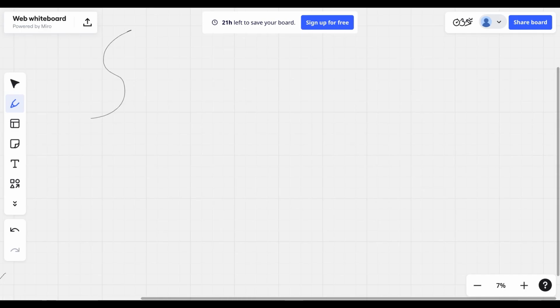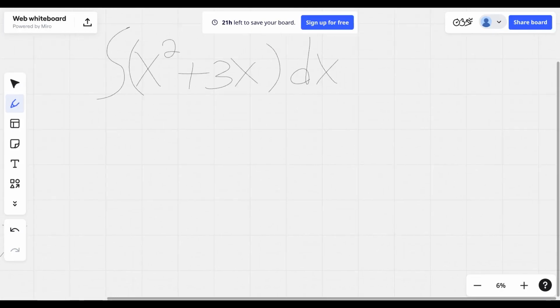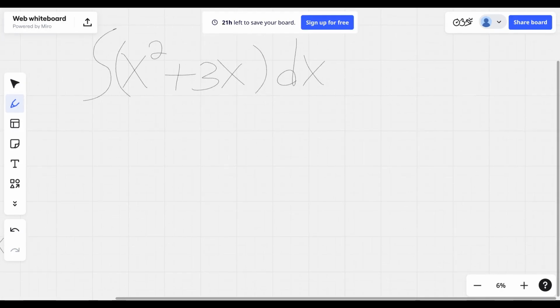So we're going to do an example of the integral of x squared plus 3x dx. This one's really simple. All you have to do is separate. If something's just a sum of 2 components, then you just separate them. So the integral of x squared plus the integral of 3x. Don't forget your dx.